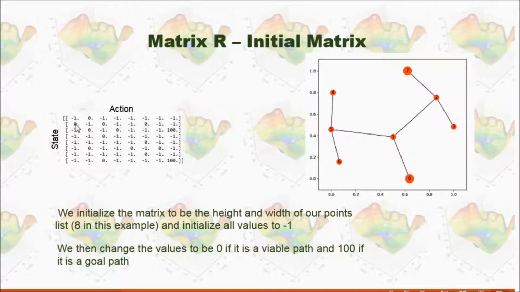We set it to 0. So this is a valid move. So how about 0 to 2? Because we can't jump over, this is not a valid move. So from 0 to 2 will be -1. And the same, to 3 will be -1, etc.